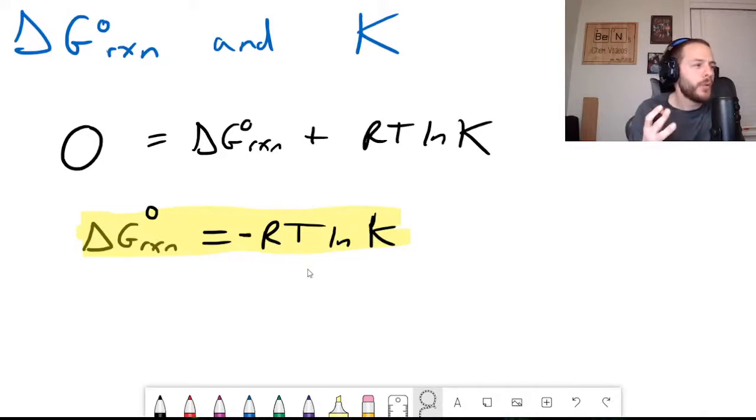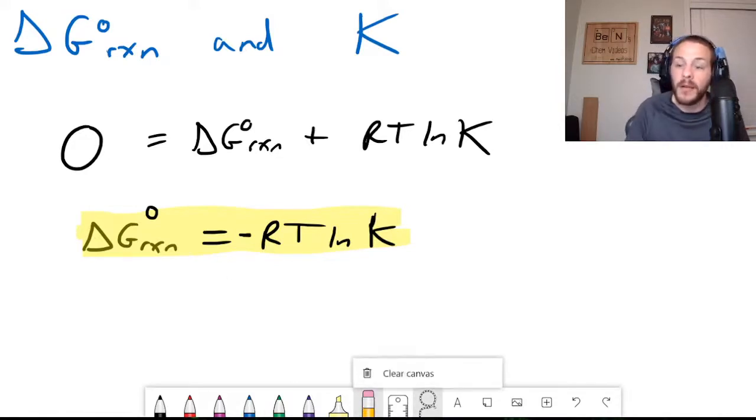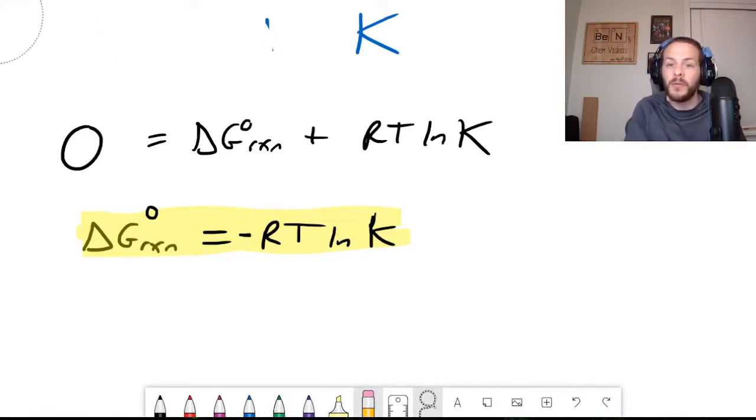If that equilibrium constant carries a very, very large value, that means the concentrations of your products are very, very high at equilibrium. On the flip side, if your equilibrium constant has a very, very small value, that means the concentration of those reactants are very, very high at equilibrium. And so we're going to look at a couple of situations here just to better understand this relationship between delta G under standard conditions and the equilibrium constant.